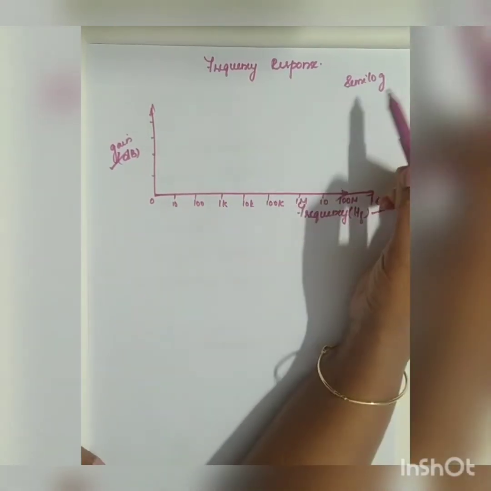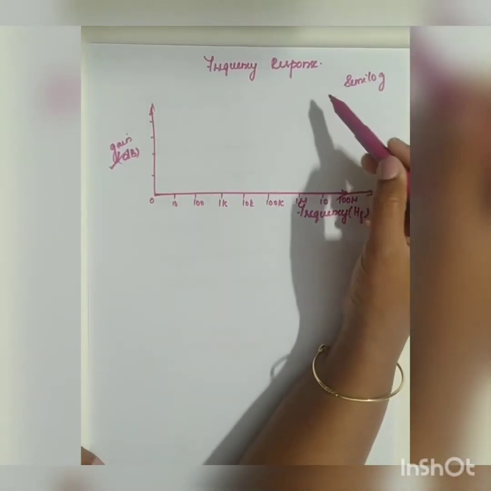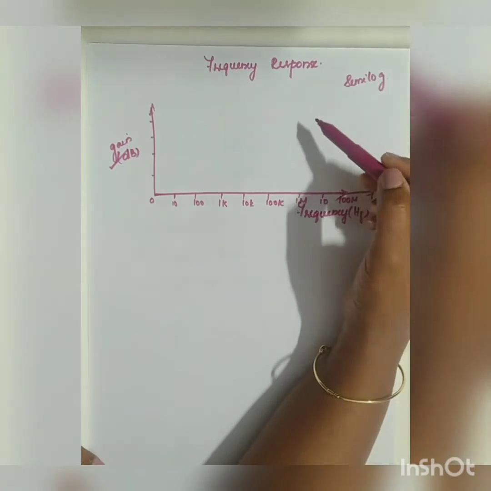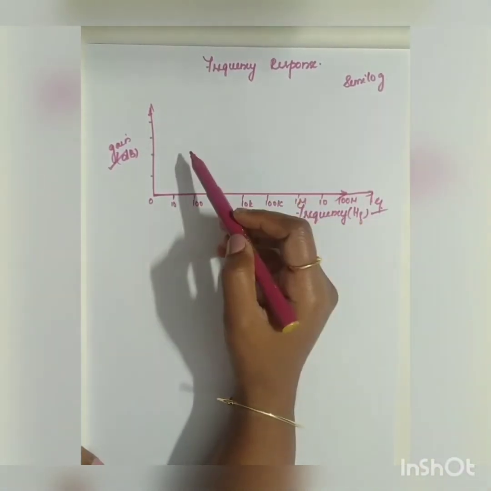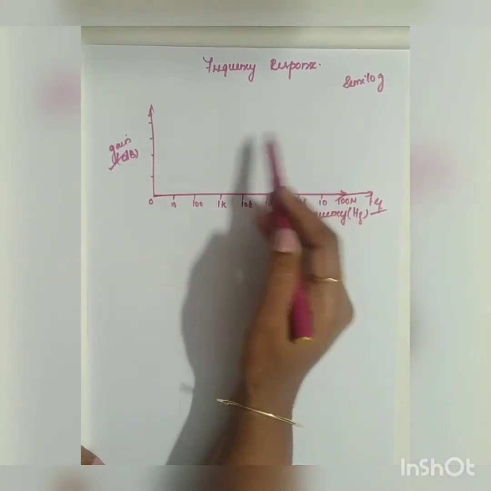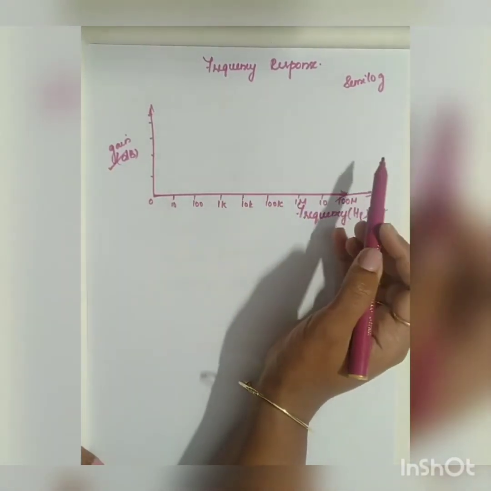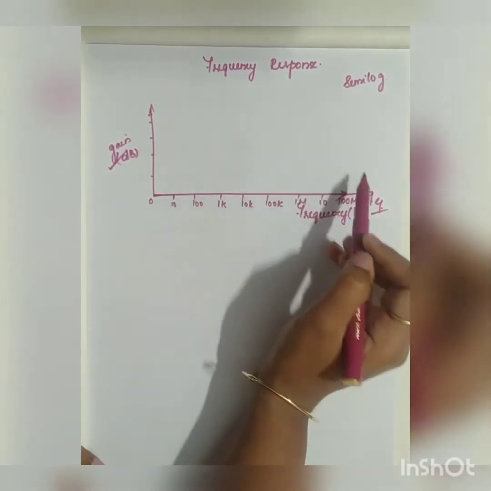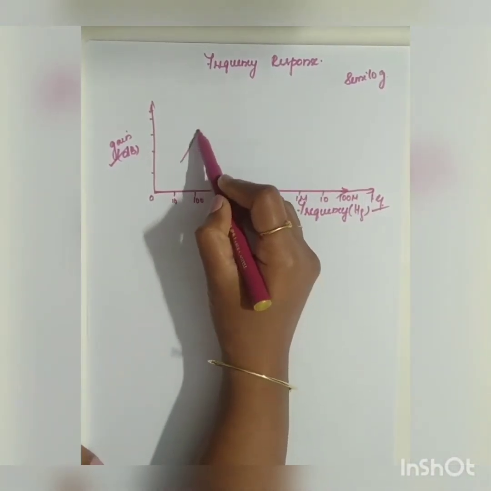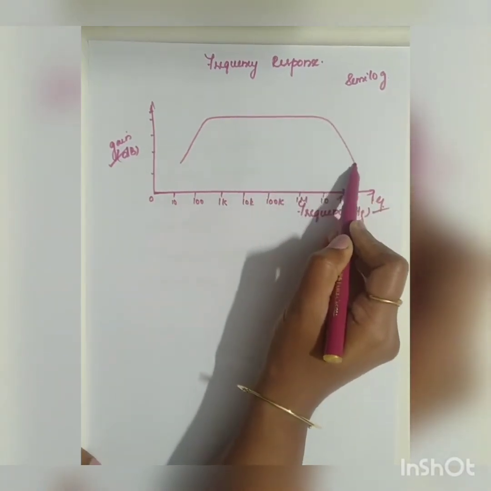So frequency response is the response of the system. Which system? It is the response of the amplifier at different frequencies. The amplifier will not behave equally at all frequencies. In low frequency and high frequency, the gain decreases. So this will be your response curve.